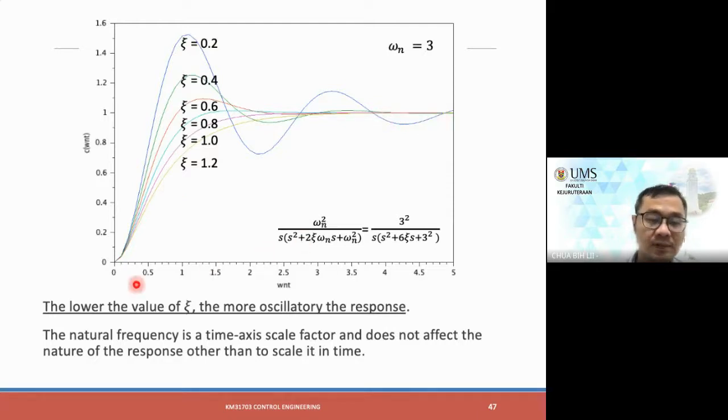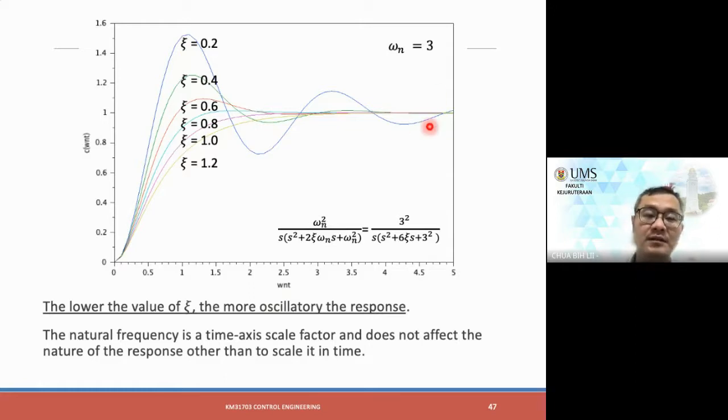So the lower the value of the damping ratio, the more oscillatory the response. If it is lower, then it will have lower damping, so it will oscillate more before it gets damped.